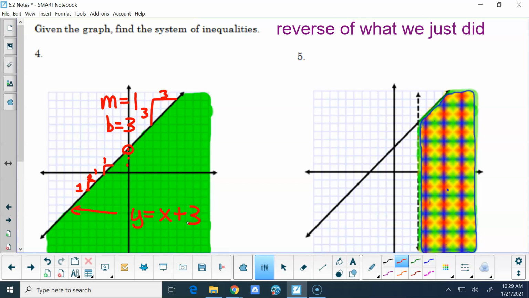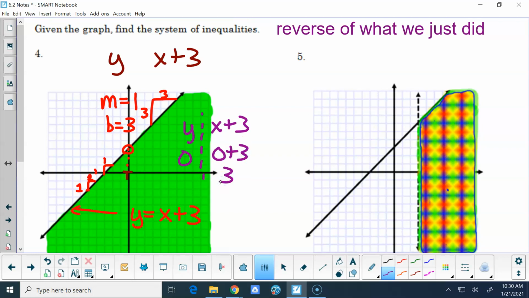Okay. Now, because they're shading, I've got to figure out the inequality that goes along with that. Well, I know that it's going to be y and then x plus 3. I just have to fill in the inequality. So again, we look at a test point. If I plug the origin into y and x plus 3, that's going to be 0. 0 plus 3 is going to be 3.